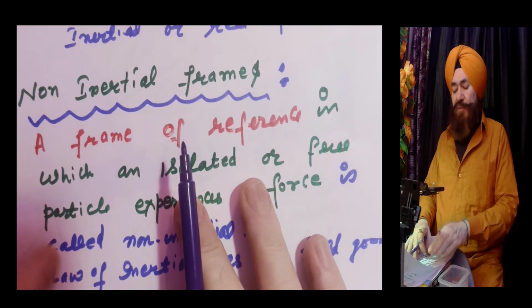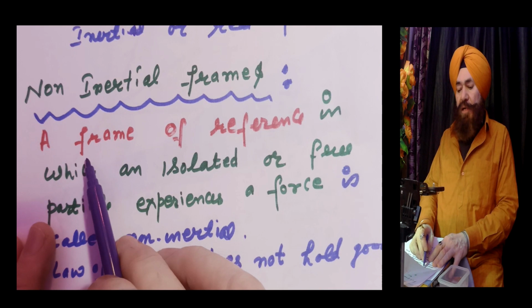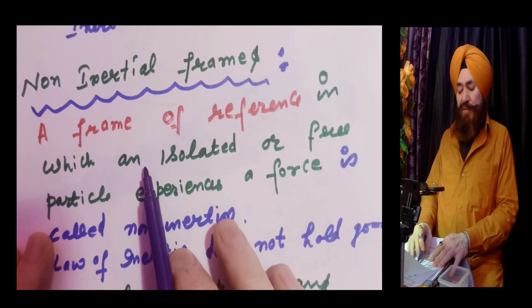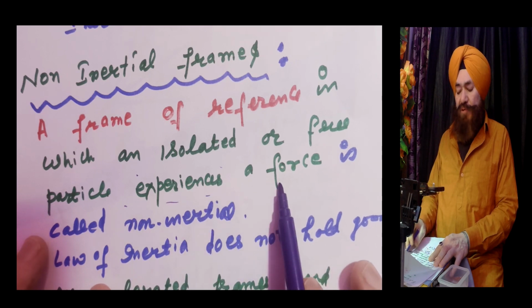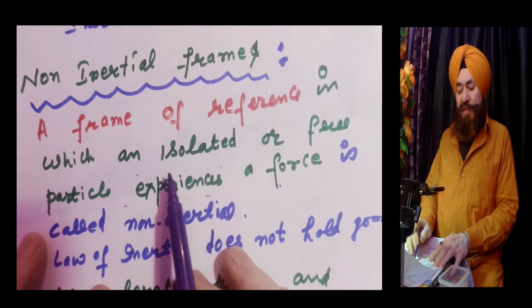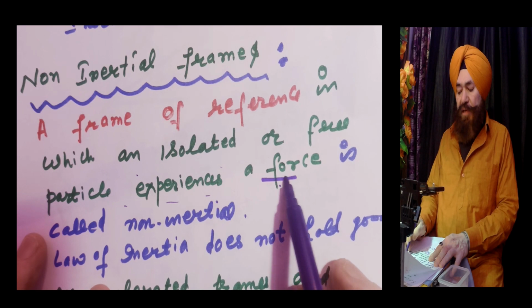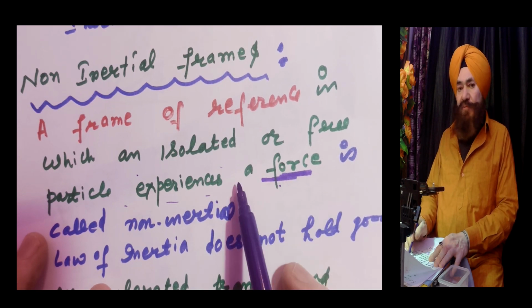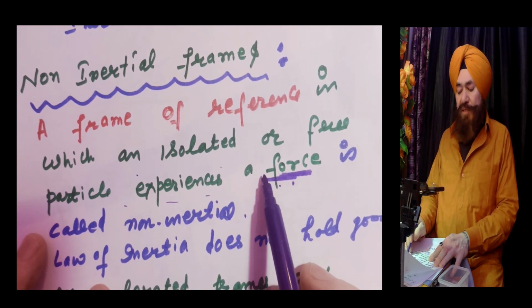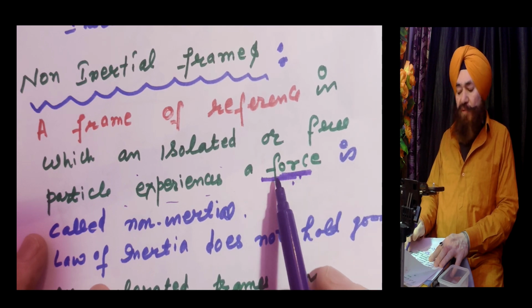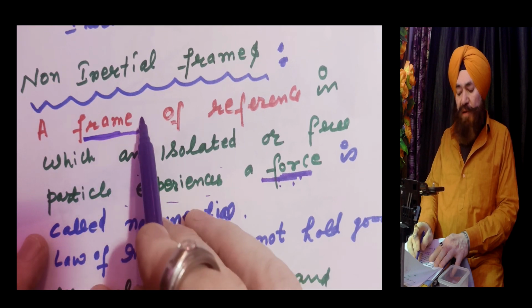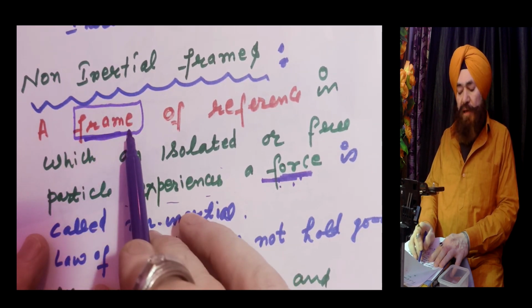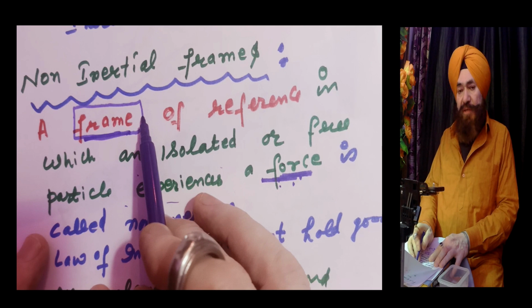Now I'm coming to what is a non-inertial frame. A non-inertial frame is a frame of reference in which an isolated or free particle experiences a force. What is the meaning of the frame? Frame means a space, x, y, z, with time.